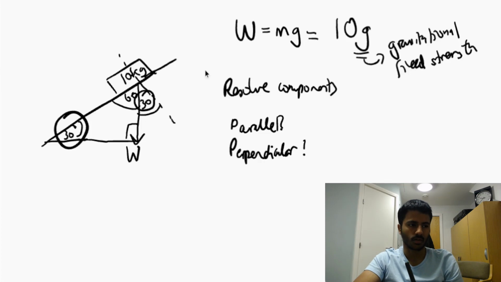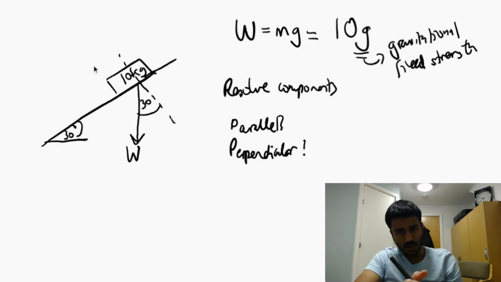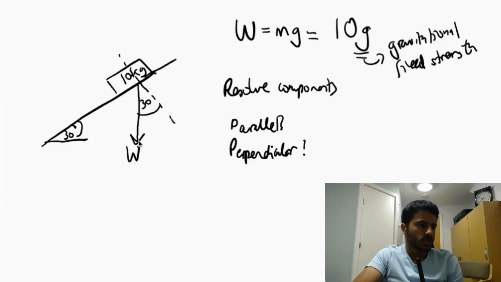And I want to find the components of the weight parallel to and perpendicular to the slope. So firstly, if I were to go through this angle, we can see that there's a component of this weight along this line. And you know I'm moving through the angle. So in this case, this component is equal to W cos 30.